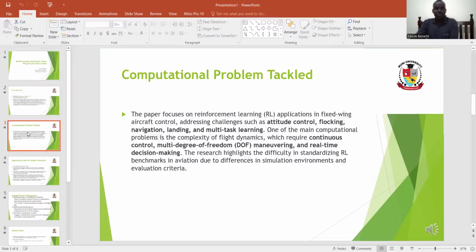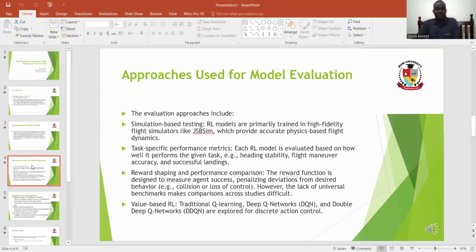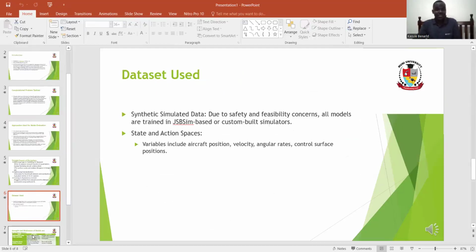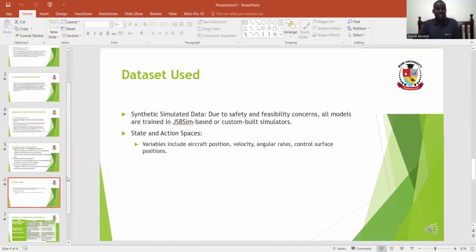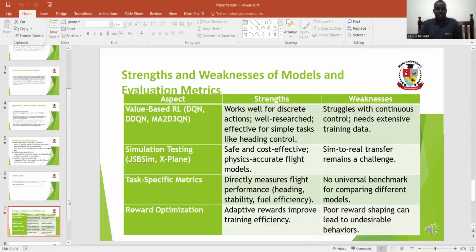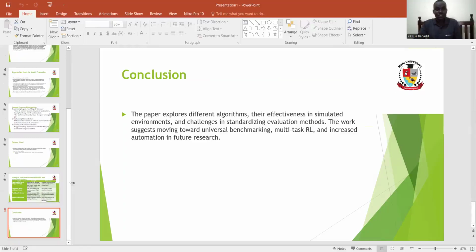I'll talk about the computational problem that the researchers were trying to handle, the approaches used for model evaluation, the thought process of the authors, and the datasets that were used. Finally, I'll look at the evaluation metrics and try to weigh them, looking at the strengths and the weaknesses of each evaluation metric that was used.